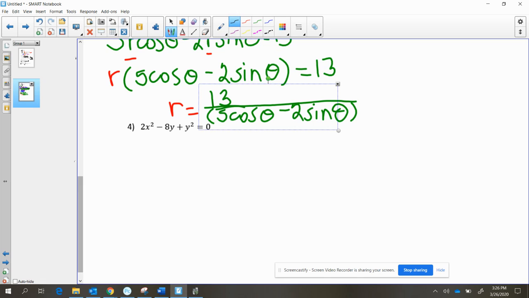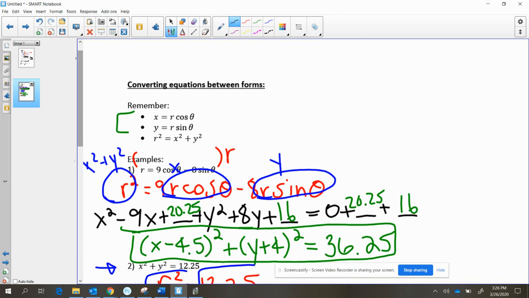Last but not least, the final example for converting that you are going to see is equations like number 4. Now notice this 2x squared is going to throw things off a little bit. And we're going to start this by adjusting this so that it is x squared plus x squared as opposed to 2x squared. The reason we're going to do that, and I'm going to write this a little out of order now, but that's okay, is because now we can, going back up to the top, convert in this r squared equals x squared plus y squared.